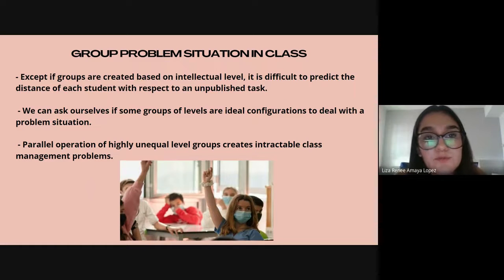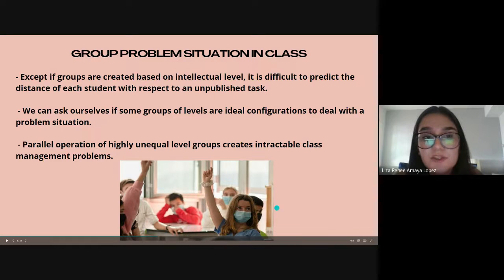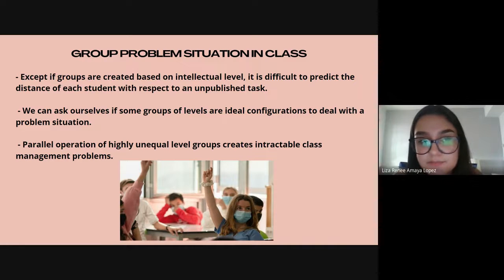Now we have the grouping of problem situations in class. You can try to limit the diversity, but it is neither easy nor strongly desirable. Except if groups are created based on intellectual level, it is difficult to predict the distance of each student with respect to an unfamiliar task.